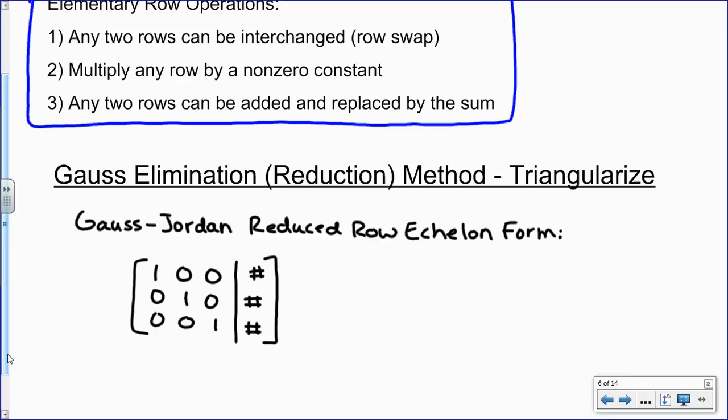But that's what you get your matrix to look like. So you do those row operations until you get 1, 0, 0, 0, 1, 0, 0, 0, 1. And these could be any number.